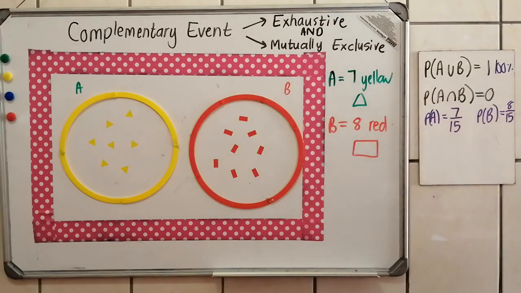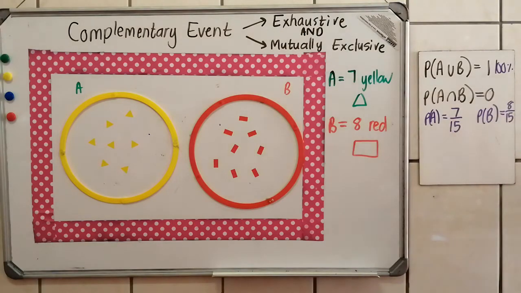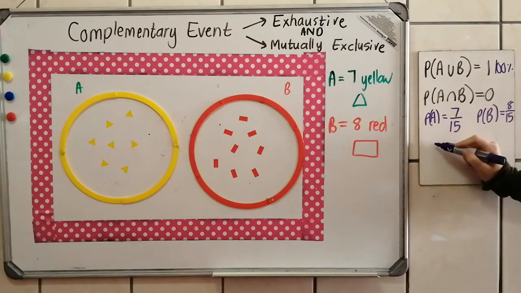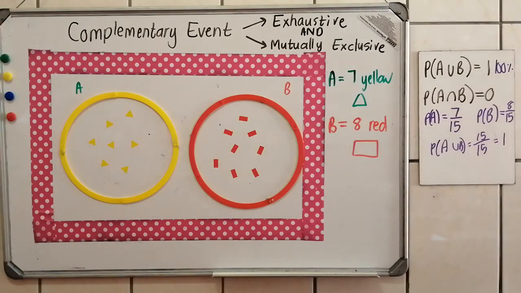And what happens? I've got this together with this, because they're in union. So I've got the 7 and the 8, and what do I end up with? The probability of A or B, the union, 7 over 15 plus 8 over 15 is 15 shapes out of 15 shapes, which gives me 1. It's exhaustive. I've got nothing on the outside of my sample space.